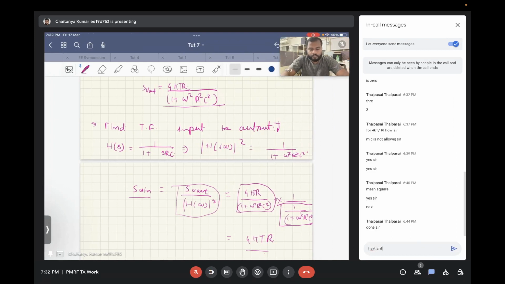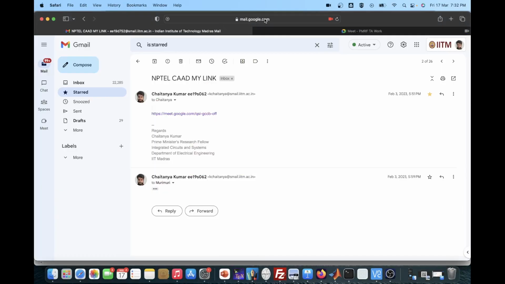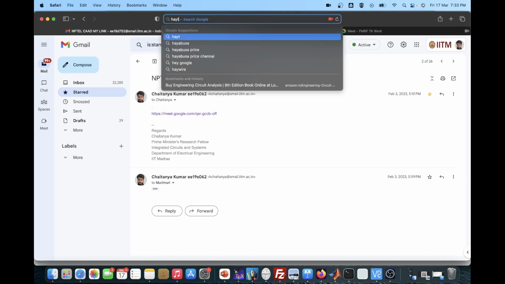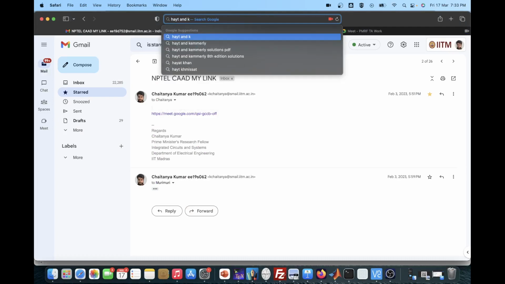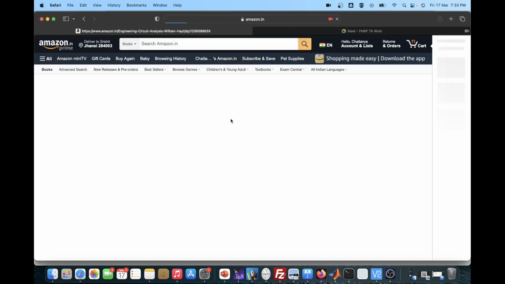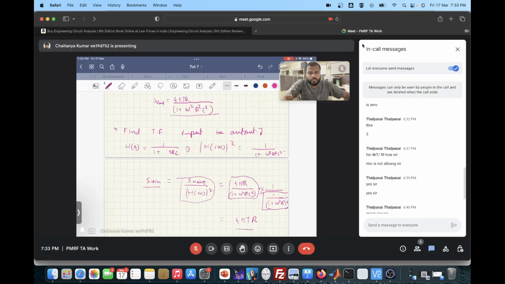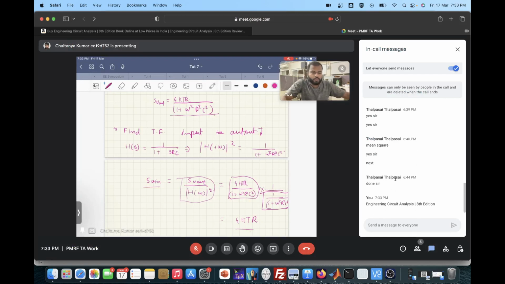Second, for both, sir. Just a minute, I will. So this is the book that you can refer to for solving questions regarding op-amp transfer functions and all those things.